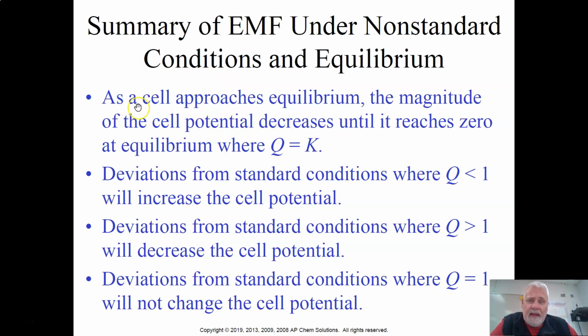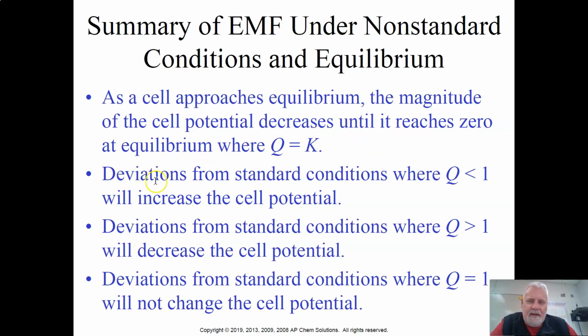Okay? So, as a cell approaches equilibrium, the magnitude of the cell potential decreases until it reaches 0 at equilibrium, where Q equals K. And then you can write the word dead in there too for your battery.